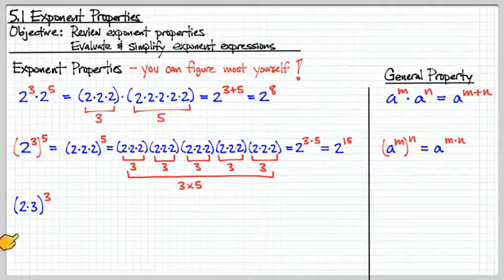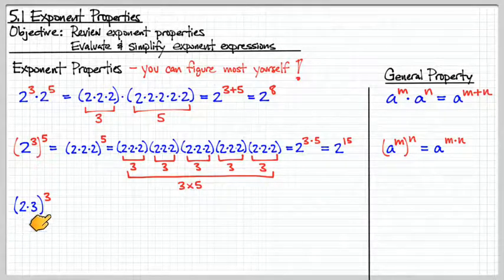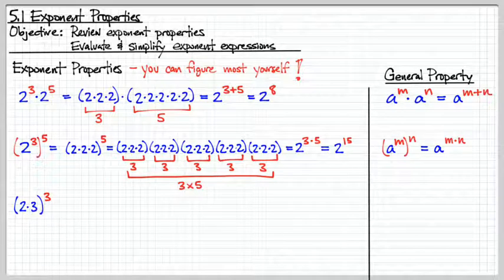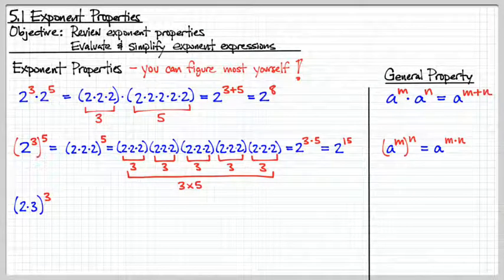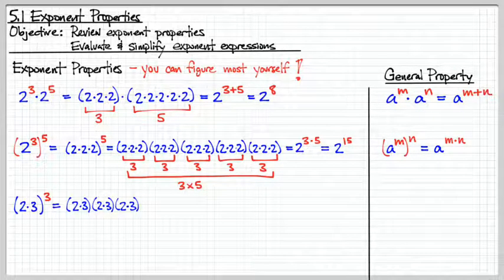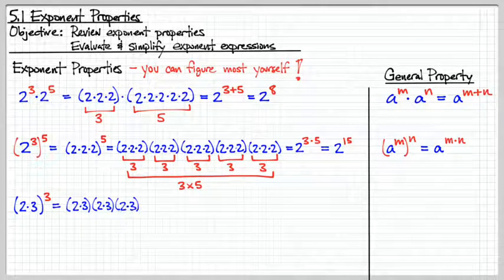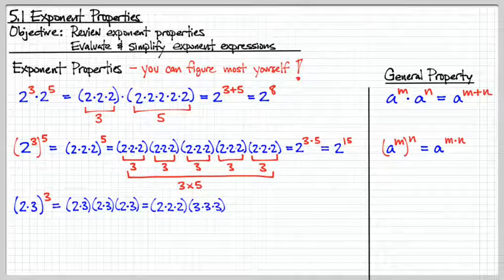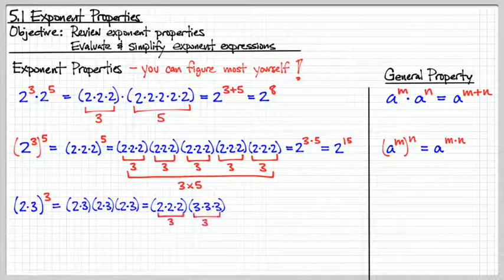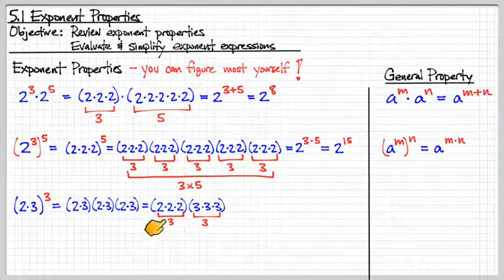Let's look at another property here. Two numbers all raised to the 3rd power. Product of two numbers raised to the 3rd power. Let's expand this out. 2 times 3 times 2 times 3 times 2 times 3. We do some regrouping by the commutative property of multiplication, and I have a group of 2's and a group of 3's, and I have 3 of each of these.